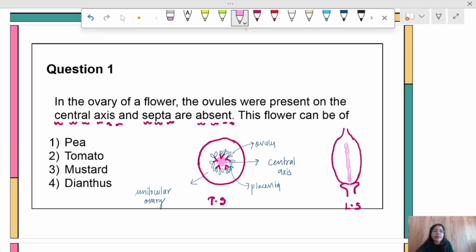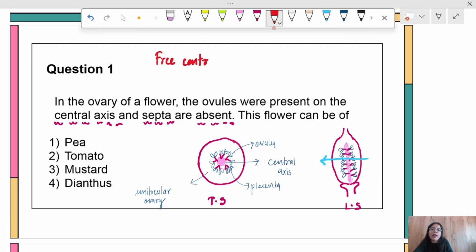This will be the central axis, parenchymatous tissue, and to this you will see placenta will be borne and the ovules will be attached like this. Understood? Okay, same section, if I cut like this, I will be able to witness something like this. So here they are asking about free central placentation.